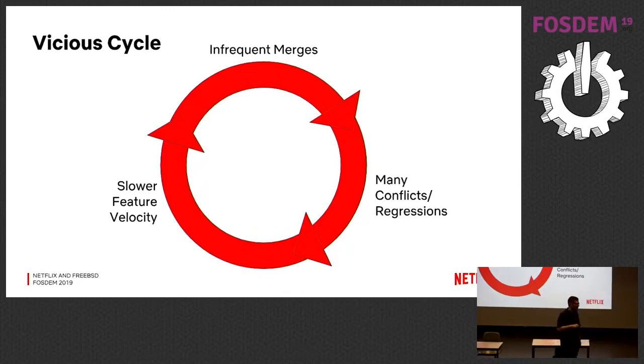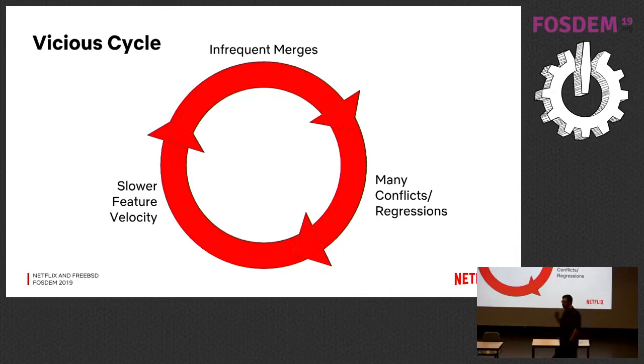If you're a downstream user, and I don't mean end user in this case, I mean a company like us that's trying to write an operating system, or use an upstream operating system or application and customize it for uses, that's the kind of user I'm talking about. And I think this cycle starts with infrequent merges.